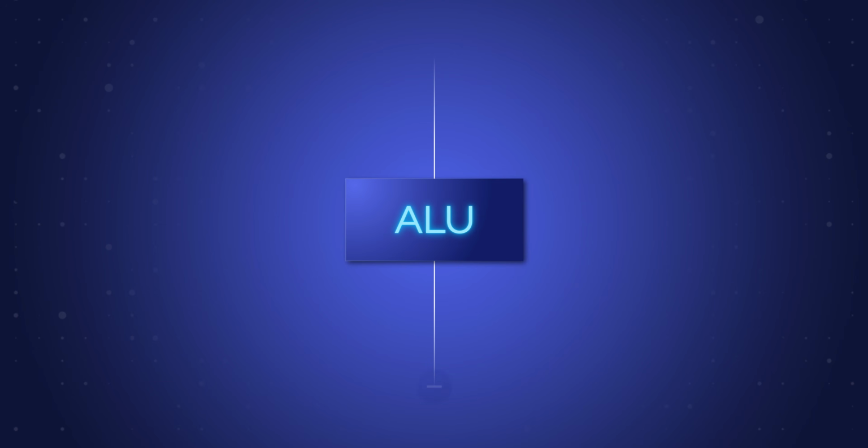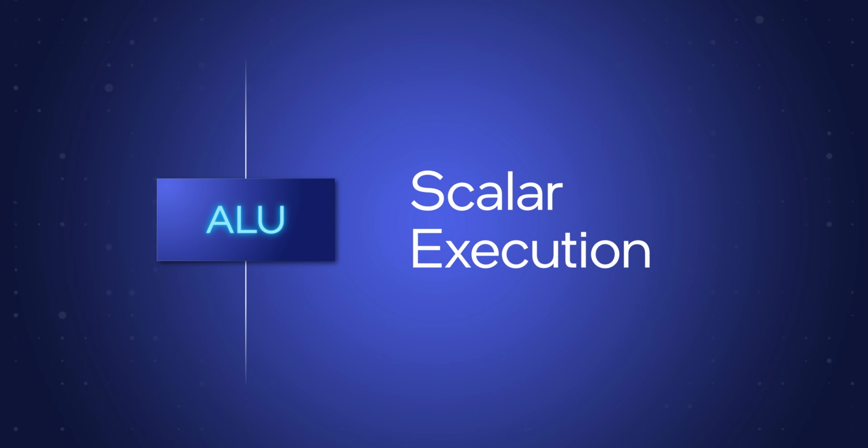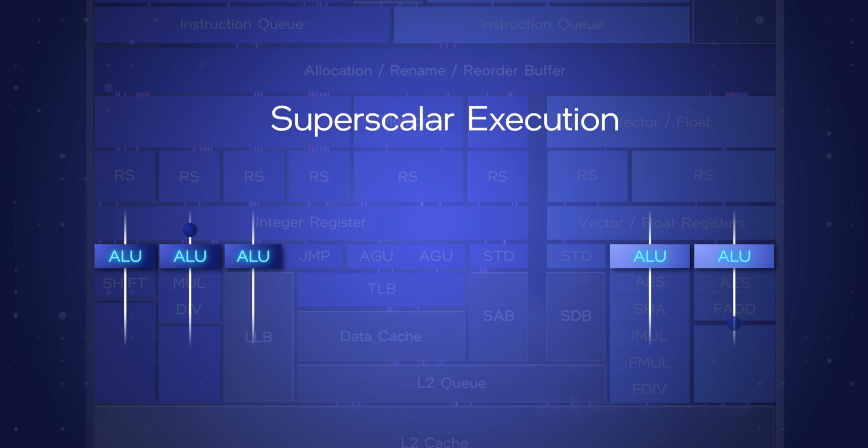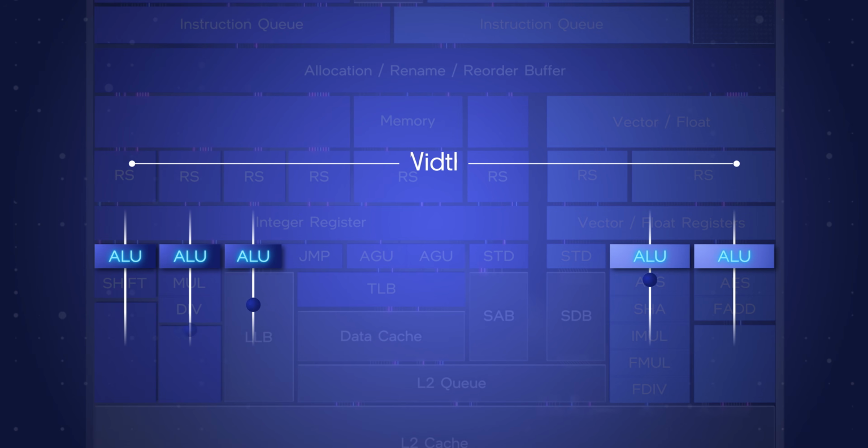If we have a single ALU, this means we can do one add at a time, which is referred to as scalar execution. Modern microprocessors now implement many ALUs, and when those ALUs can operate in parallel, this is called superscalar execution. The number of operations that can be executed in parallel is one way to measure what we call the width of a microprocessor.